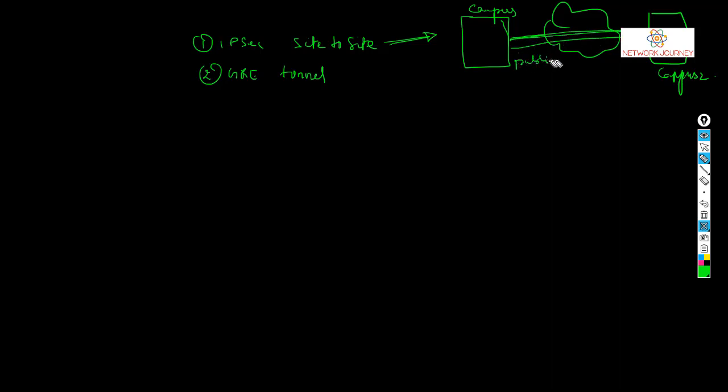We need a public IP here, we need a public IP over here. We build a secure tunnel over the ISAKMP and IPsec layer, and we can pass our LAN traffic over this tunnel, which is received on the second campus. So that's IPsec site to site.